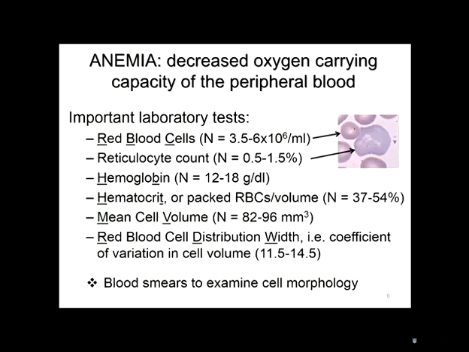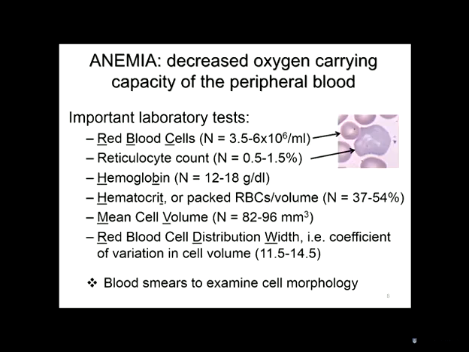You need to know that red blood cell counts are normally between 3.5 and 6 million per microliter. I'm sorry, this should be a microliter, not milliliter. I should correct that.